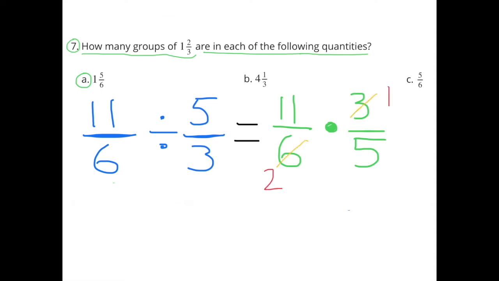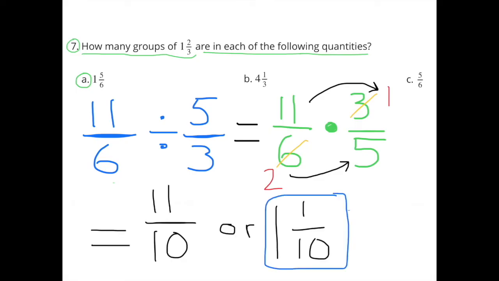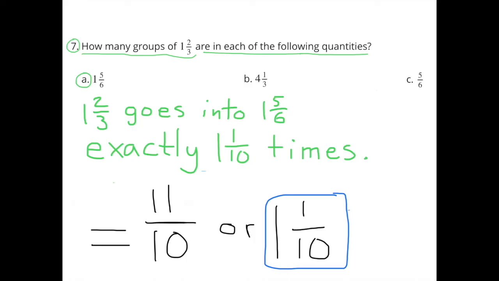Again, I can simplify. 3 divided by 3 is 1. 6 divided by 3 is 2. Multiply straight across. 11 times 1 is 11. 2 times 5 is 10, which equals 11/10 or 1 and 1/10. 1 and 2/3 goes into 1 and 5/6 exactly 1 and 1/10 times.